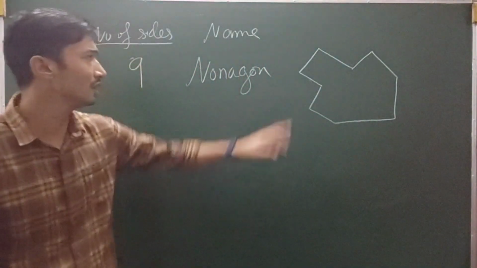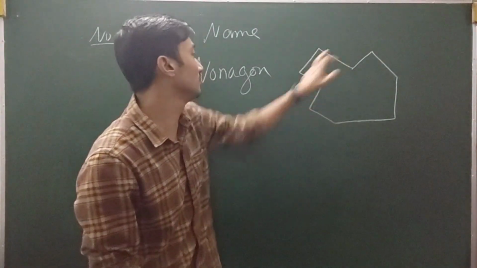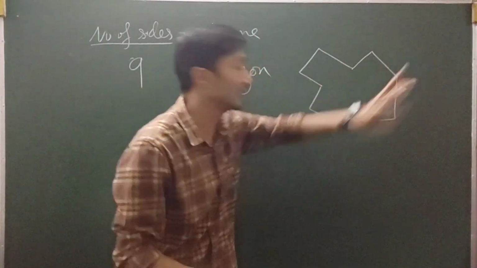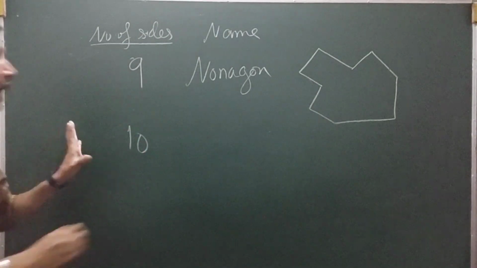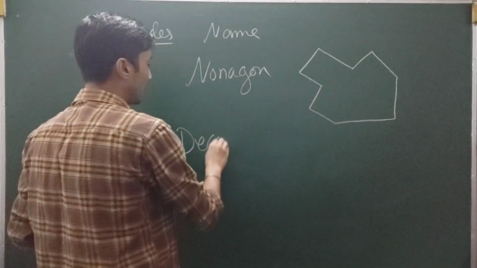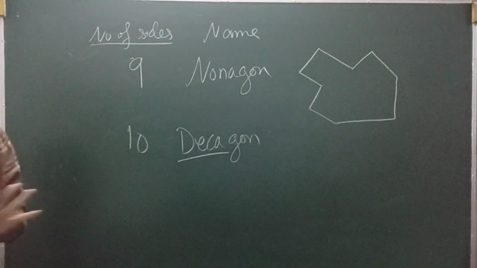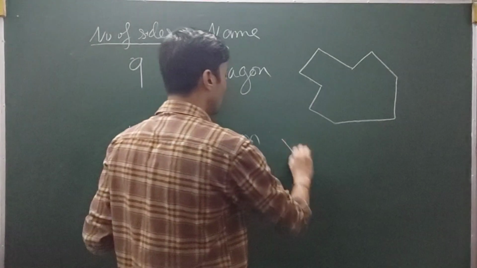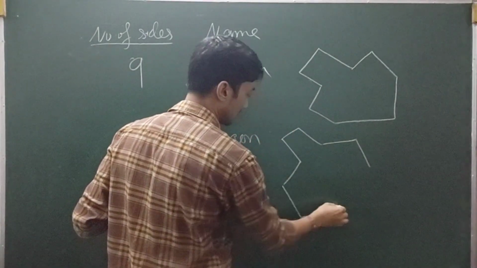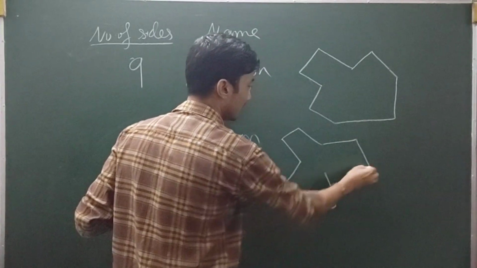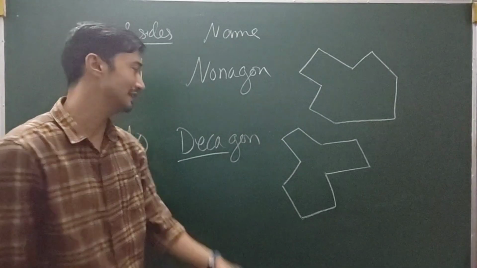Lastly, 10 sides. Deca. For 10 we always say deca, a multiple of 10 in mathematics. Decagon. 10 sides: 1, 2, 3, 4, 5, 6, 7, 8, 9, 10. Any figure with 10 sides is a decagon.